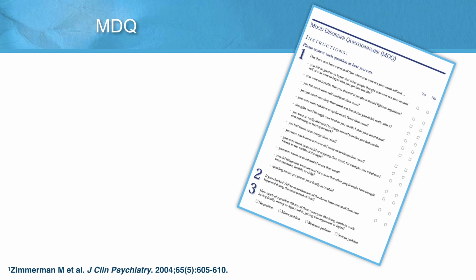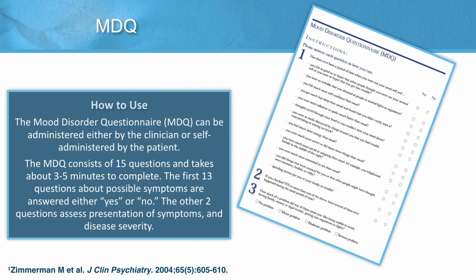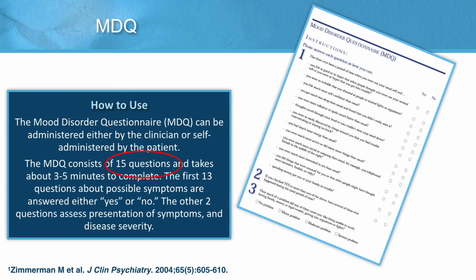Here you see the MDQ, which is a brief 15-question screening tool that takes about 3 to 5 minutes to complete. It can be filled out either by the clinician or self-administered by the patient. Now, I prefer to ask the patient these questions, as patients may have questions for us about some of the items in question 1.